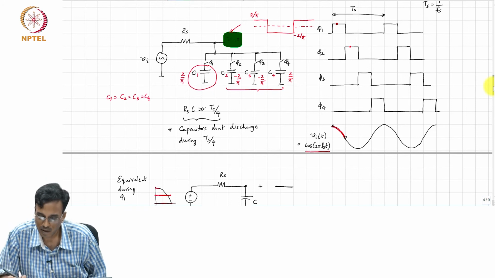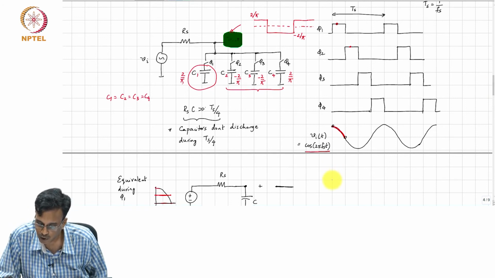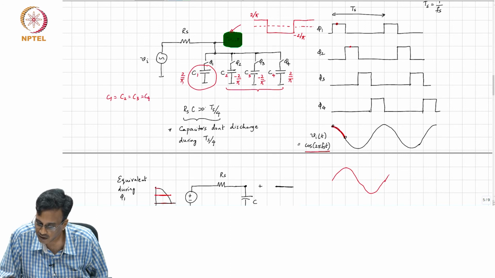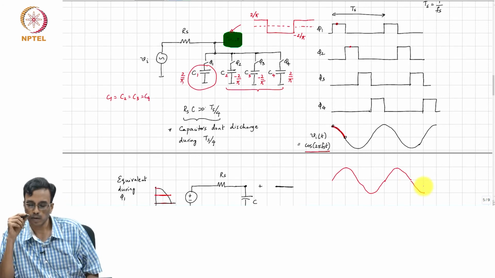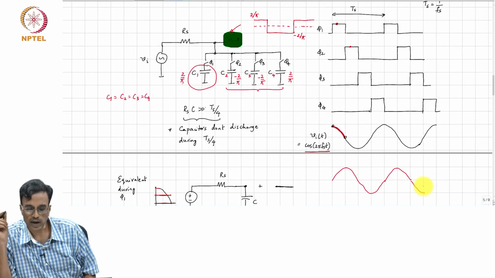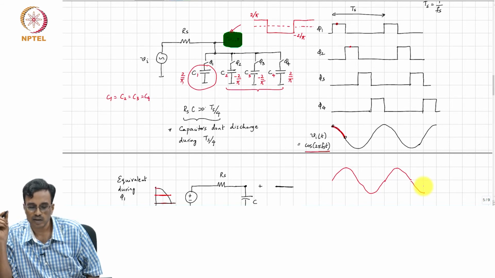A sine wave will basically, when you put in sine 2 pi Fs times t, the input is doing this, right, and therefore, you get a sine wave.